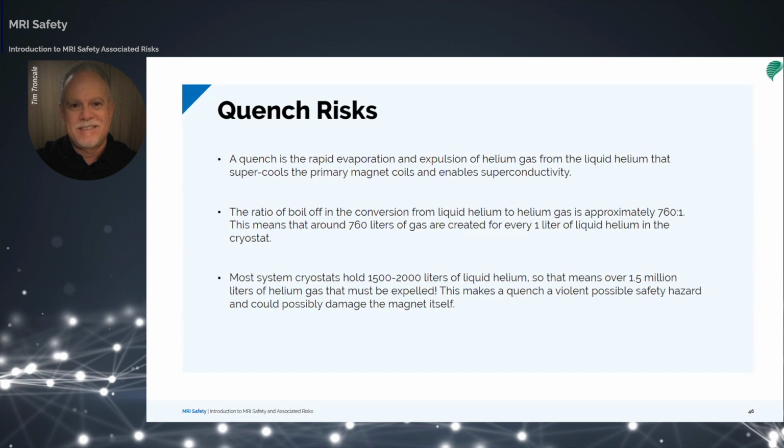That means that around 760 liters of gas are created for every 1 liter of liquid helium in the cryostat. Most system cryostats hold between 1,500 to 2,000 liters of liquid helium. So, doing the math, that is over 1.5 million liters of helium gas that must be expelled. This makes a quench a violent, possible safety hazard and could possibly even damage the magnet itself.